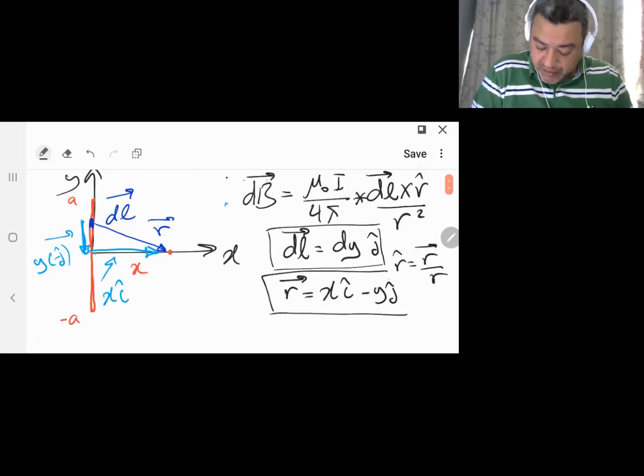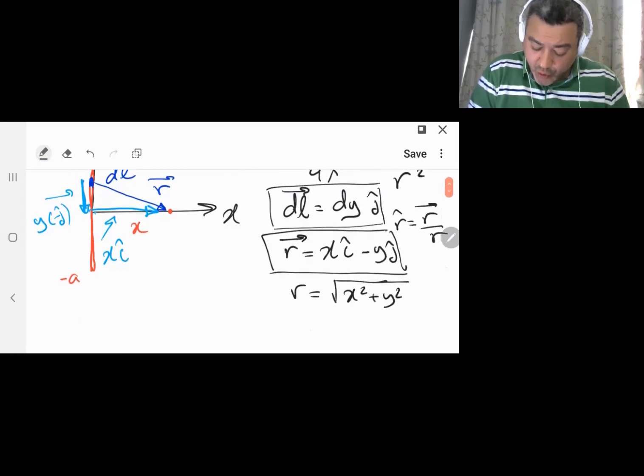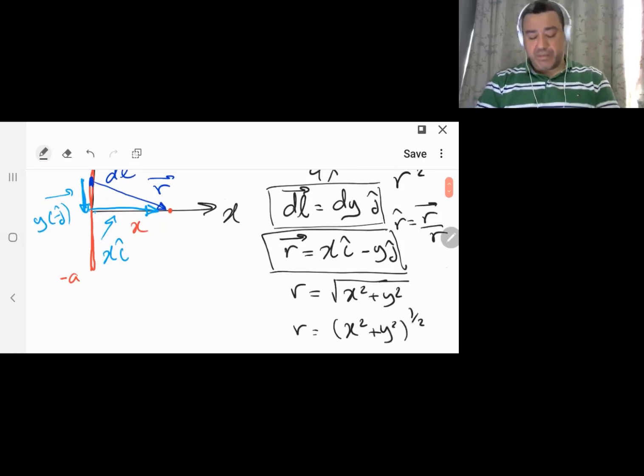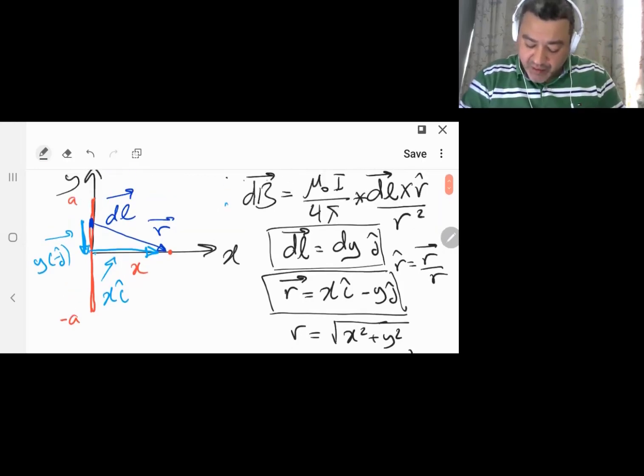This is r. What is R magnitude? R magnitude is the square root of x squared plus y squared, or I can say R as x squared plus y squared to the half. Same, no difference. So I now have R, I have R magnitude, I have the differential element.